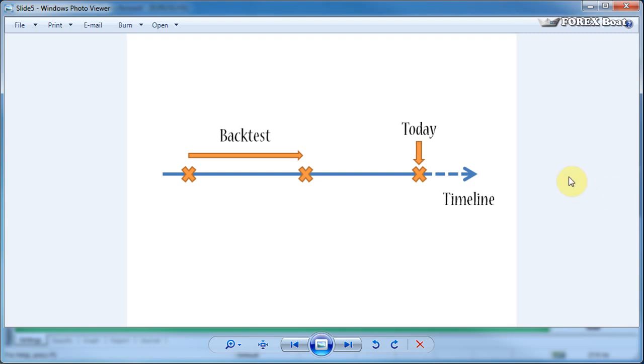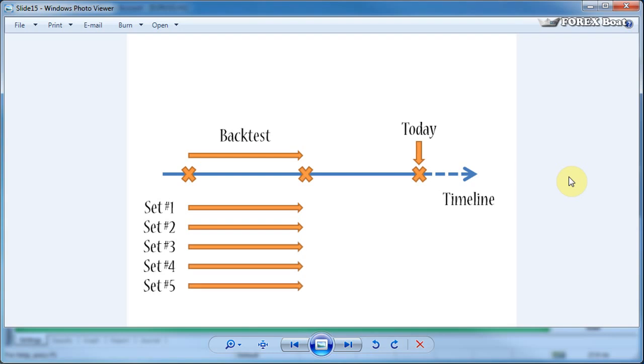So what we would do is we would write all these 5 out here, and we would run 5 separate back tests, and then we would choose out of the results. So say for example that the results are as follows. Obviously right away we can see that these 2 are unprofitable, and we would discard set number 3 and set number 4, and out of the remaining sets we would choose the most profitable one, this one.